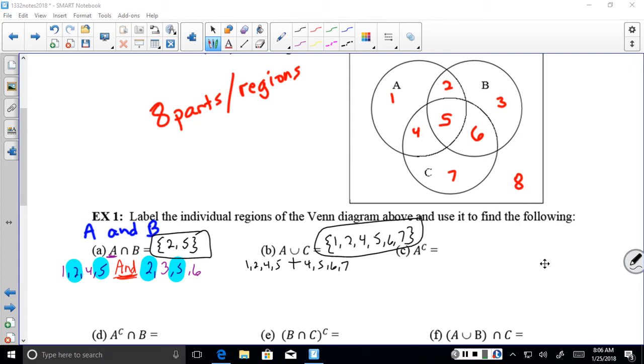Any others? What about the 3 and the 6? Did y'all say that? Oh, just kidding. Okay, so when you totally cover up A, the numbers remaining are 3, 6, 7, 8. Everything not in A.